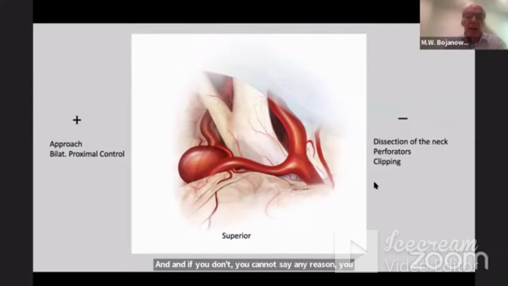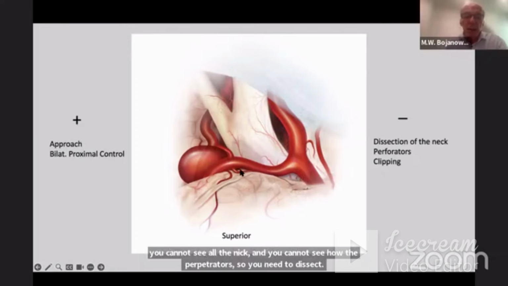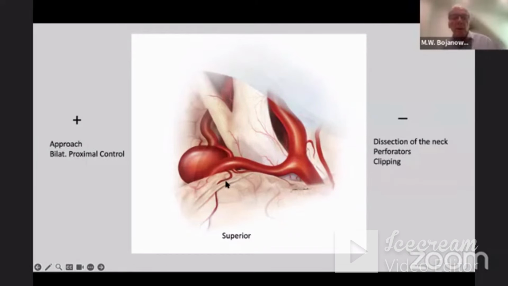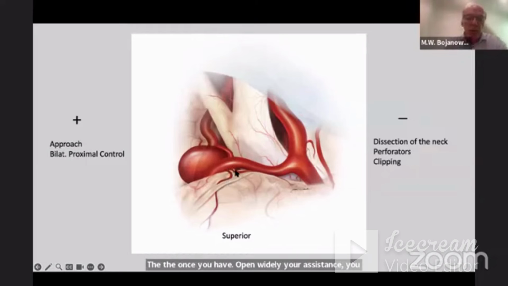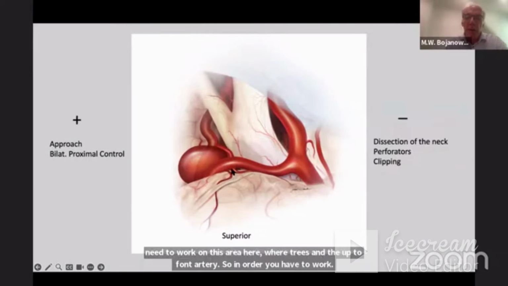So once you have opened your cisterns widely, you need to work on this area here where the ulnar artery is and the orbitofrontal artery. So you have to work underneath this area.